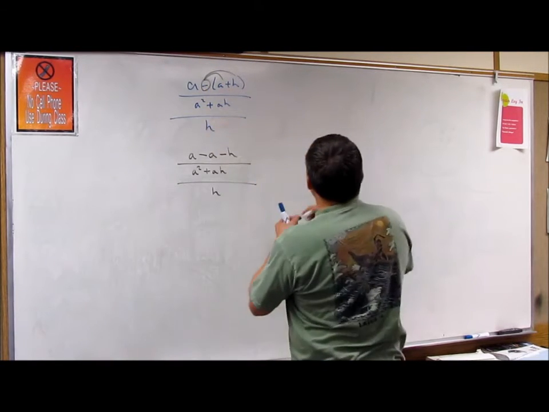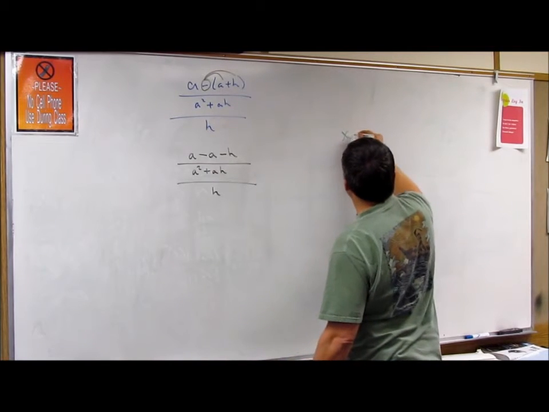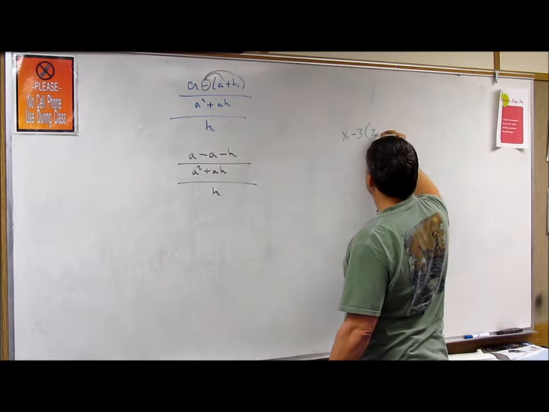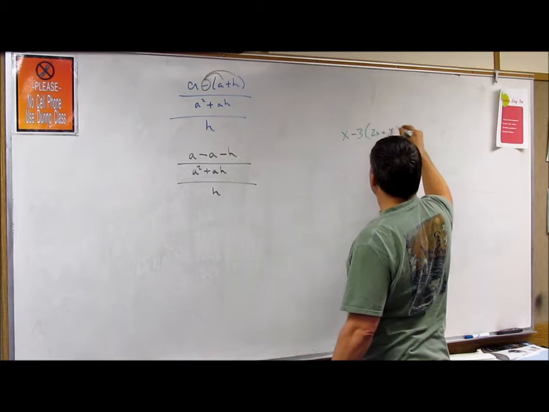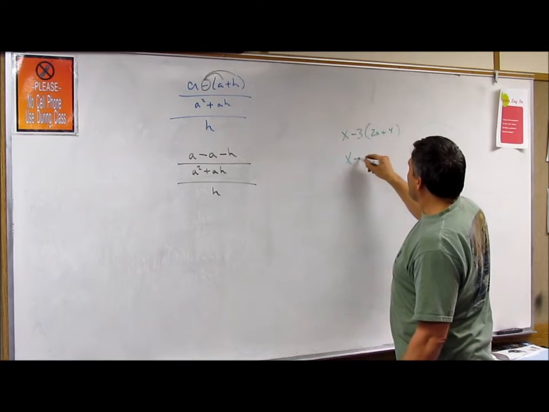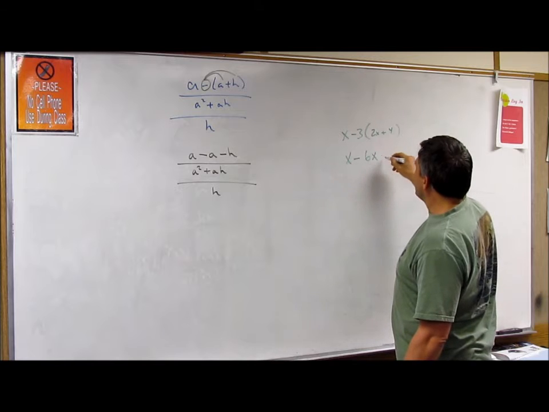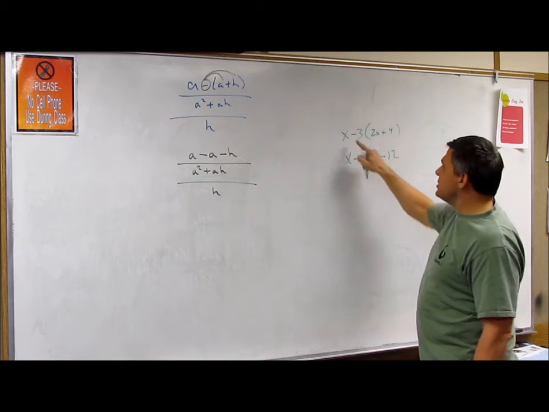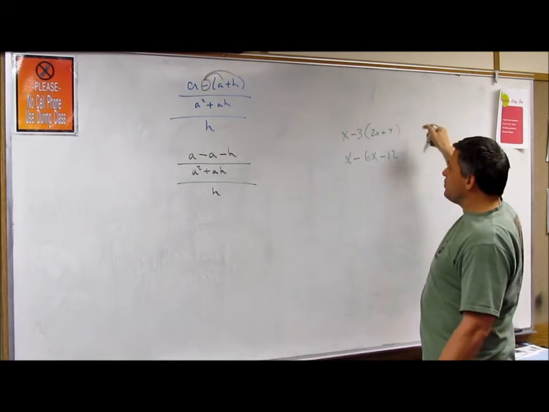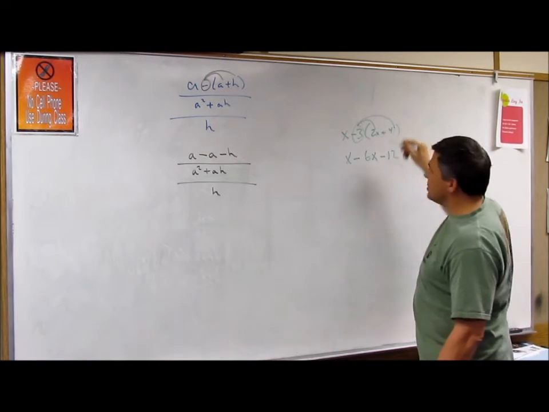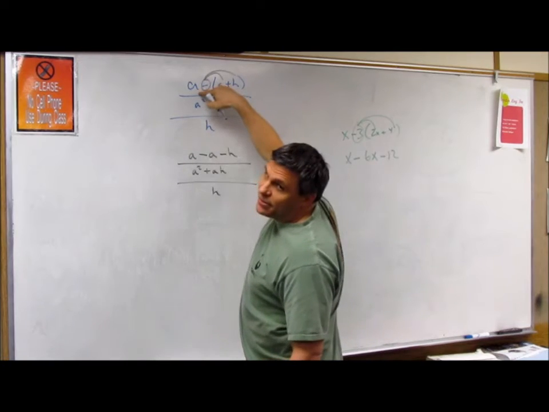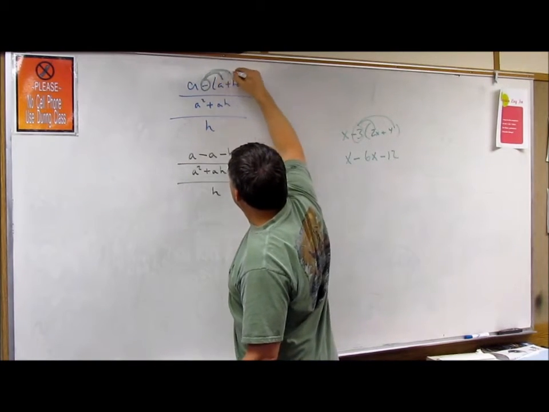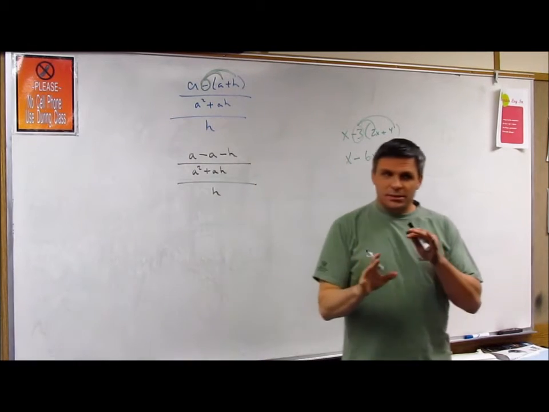Remember, if you had x minus 3 times 2x plus 4, then you would have x minus 6x minus 12, but you wouldn't have 6x squared because you're not taking the x through. I'm just taking the minus through. There's like a 1 in front of it.